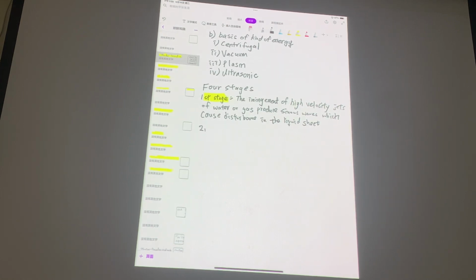Second stage is you have a wave fragment and ligaments formation through shear force.